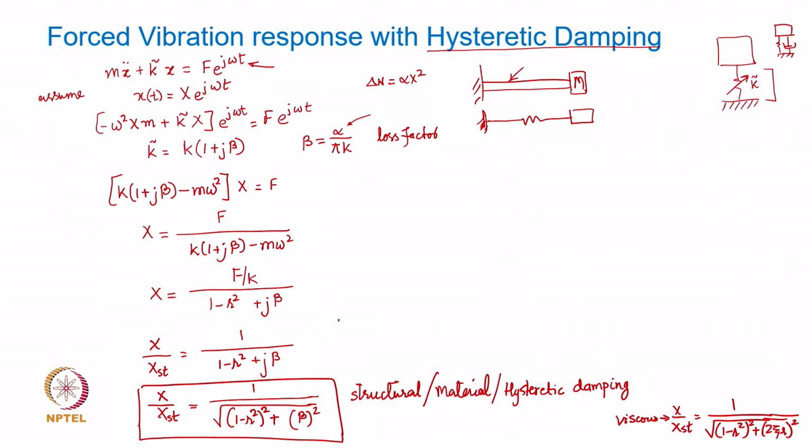Now, what is the range or frequency region which is of most importance where the damping plays its role significantly? Near resonance. So, that is the case where r is close to 1. So, when r is close to 1, both responses are identical. Both responses, I mean for the structural damping and viscous damping, are identical for beta equal to 2 zeta.